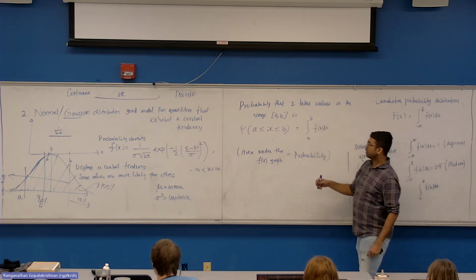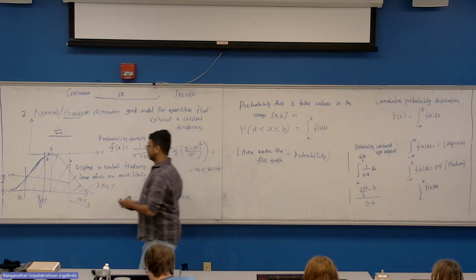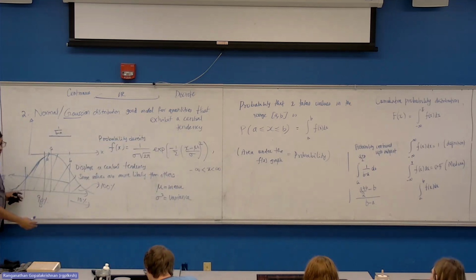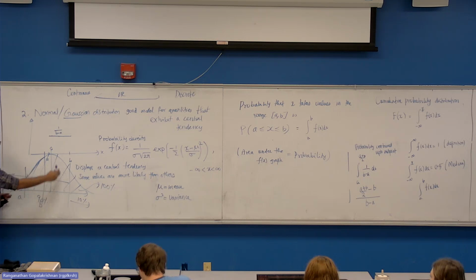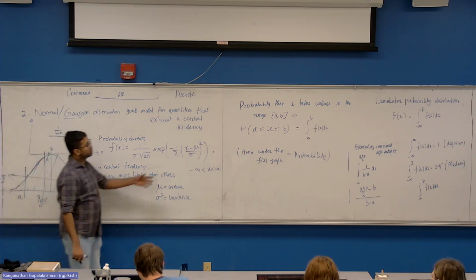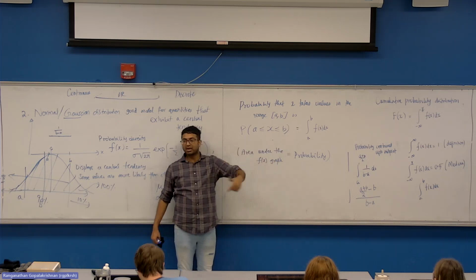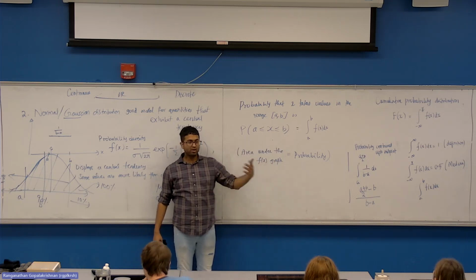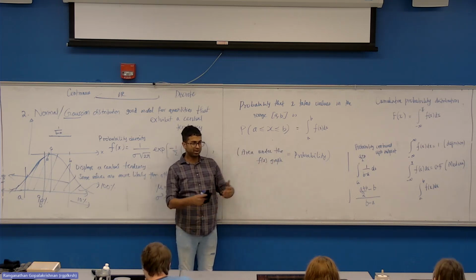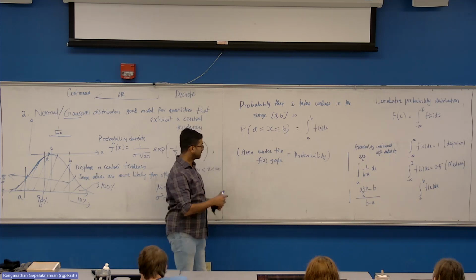So if I have a lookup table for the area under this graph plotted from minus infinity to different values of x, I can write this down immediately. I don't need to do integration again and again. The whole point is to avoid integration because it's very tedious and time consuming.